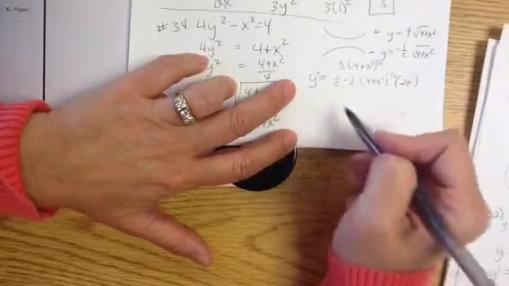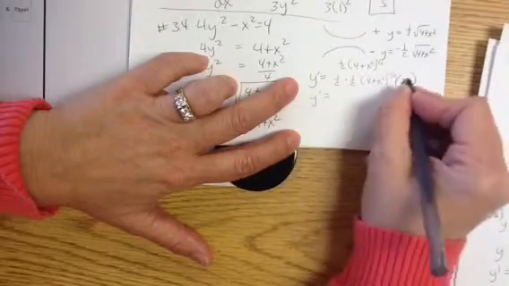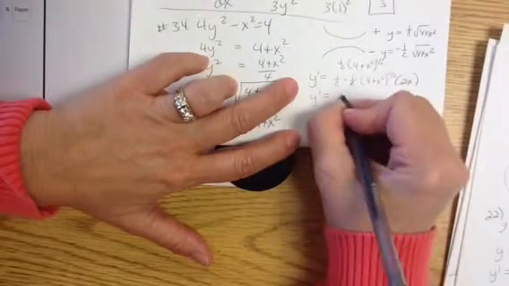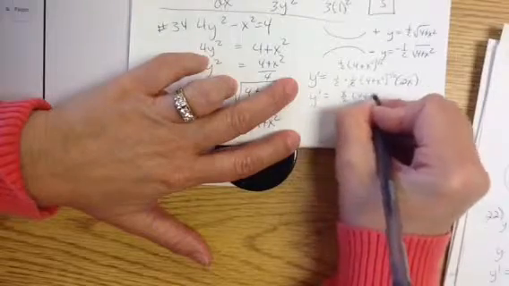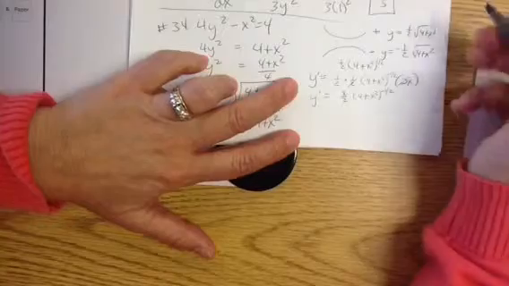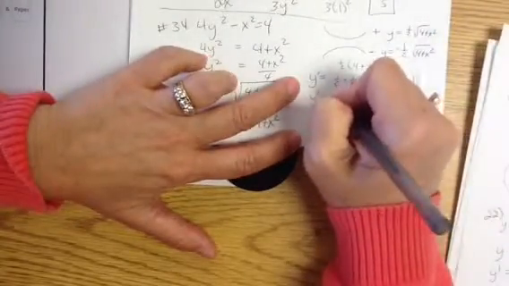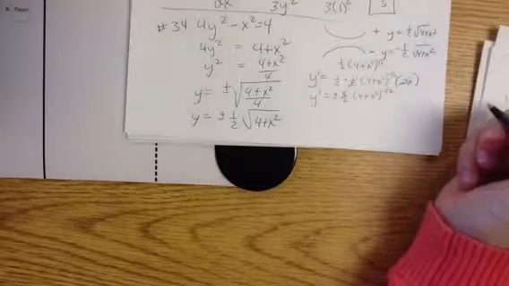So now what I have is that my first derivative is going to be x over 2 times 4 plus x squared to the negative 1/2. Now the same thing's going to happen with the other one, so I'm going to put plus or minus. And those are my derivatives for using the explicit one.